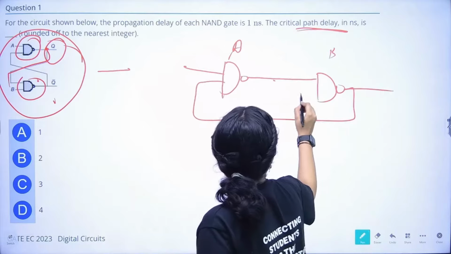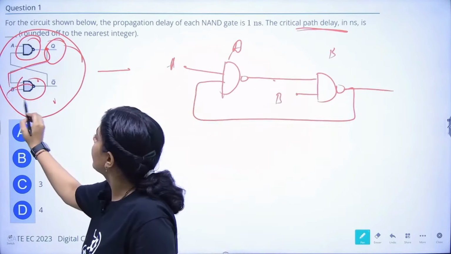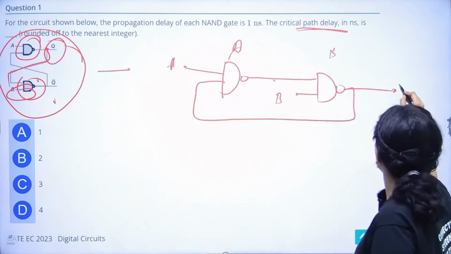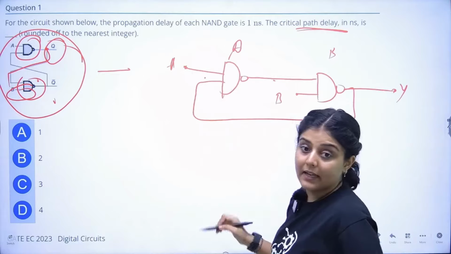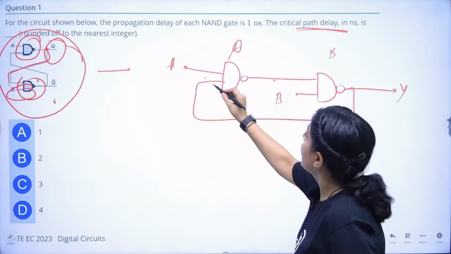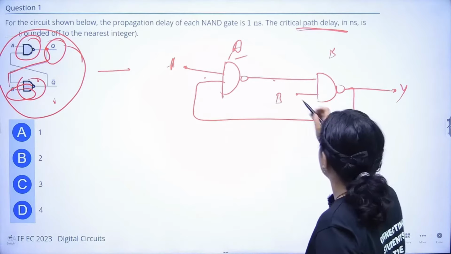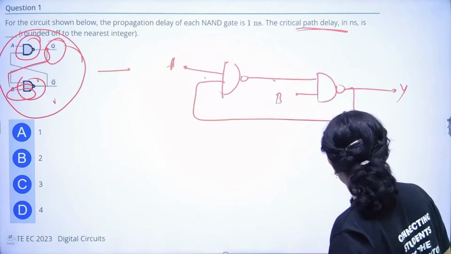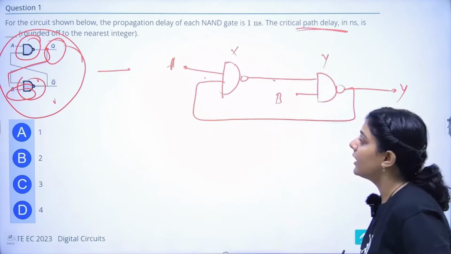And this is your input B. Here, this is your output. Now it's saying that if I am giving inputs A and B at a time, the output of A, let me rewrite the names of the gates because the inputs are also the same. So gate X and gate Y.